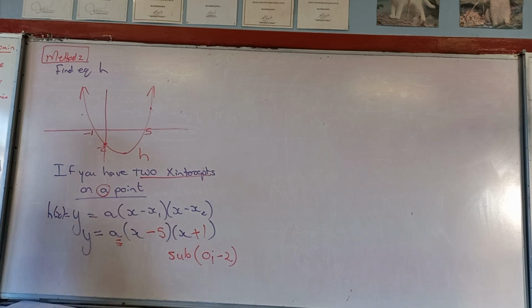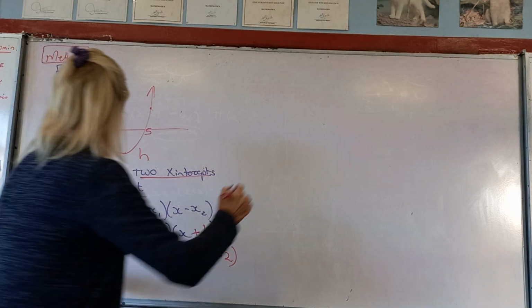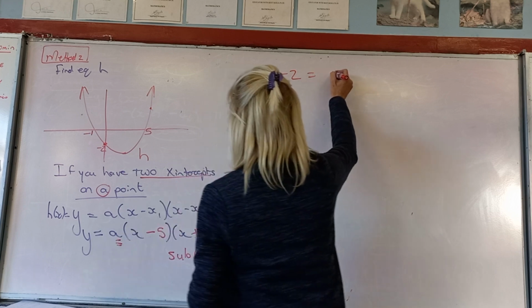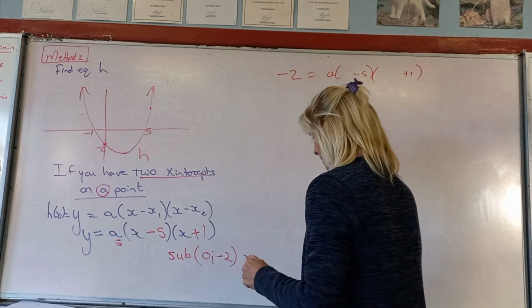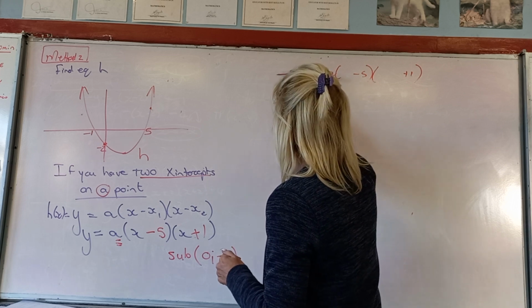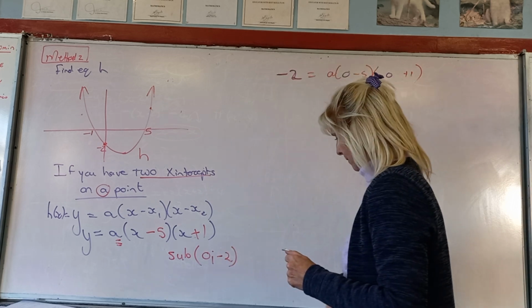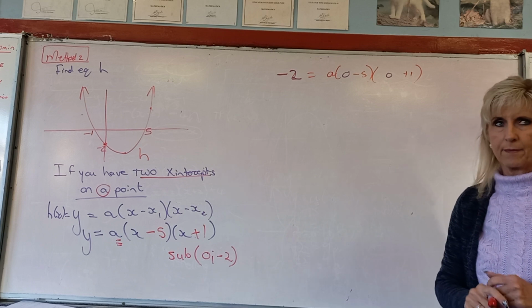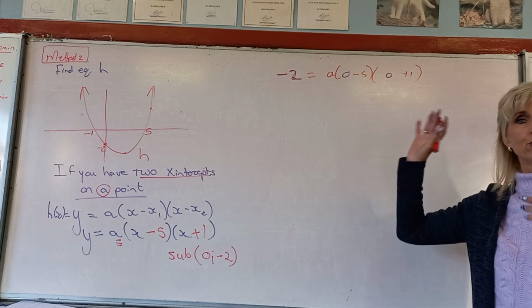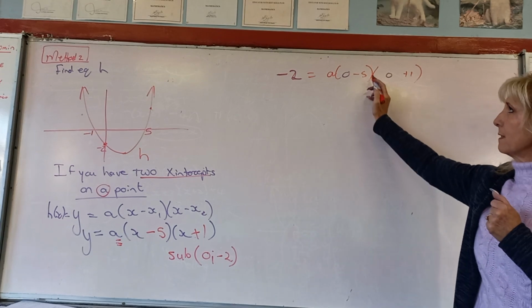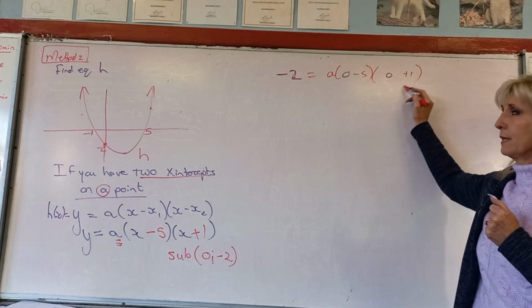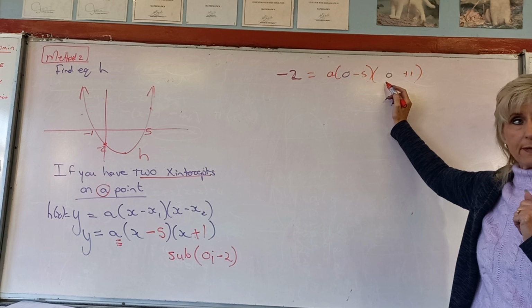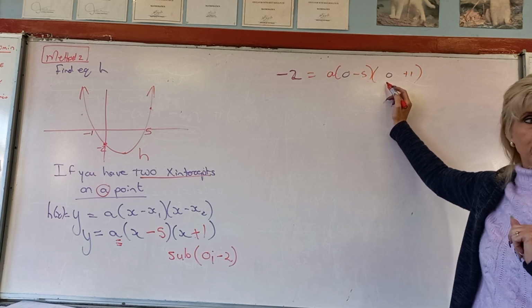So if I substitute with negative 2 in the place of y, and then my x values with 0, then I will find A. Let's see how I do this, because remember order of operations. The brackets give me negative 5 times 1. That gives me negative 5. Are you with me?